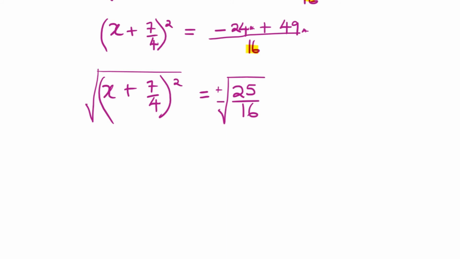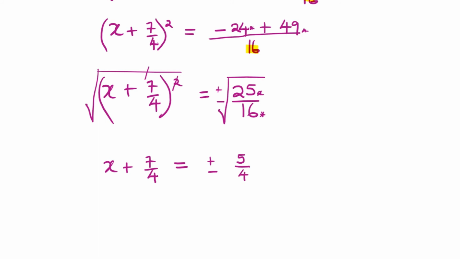So we're going to have x plus 7 over 4 as the square root of x plus 7 over 4 squared. We see that the square and the square root cancel out. Then this is equal to positive or negative the square root of 25, which is 5, over the square root of 16, which is 4.